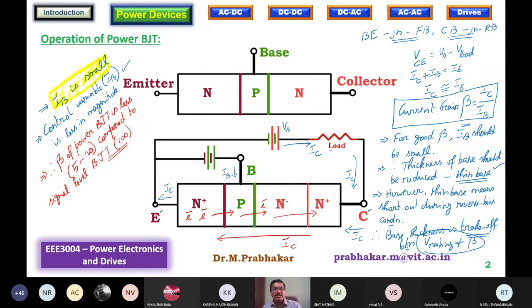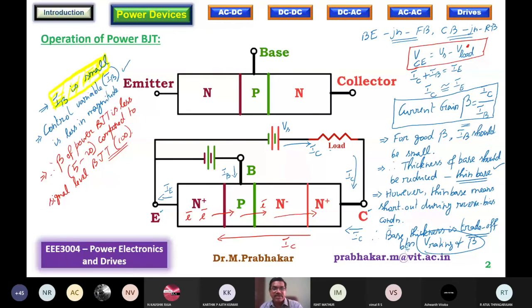When the supply voltage is increased beyond a particular value, now you may have to look at this. VC is supply minus load. So as load current IC keeps increasing, the drop V load keeps increasing. Therefore, the applied reverse bias keeps reducing. When reverse bias reduces, it means at one point the device is going to be forward biased. Right?